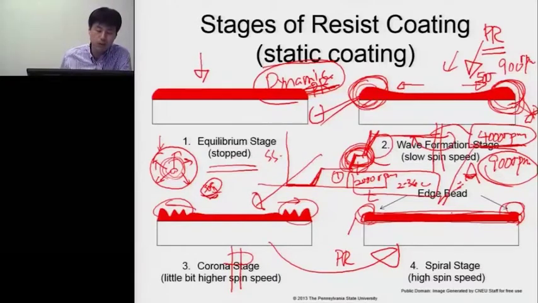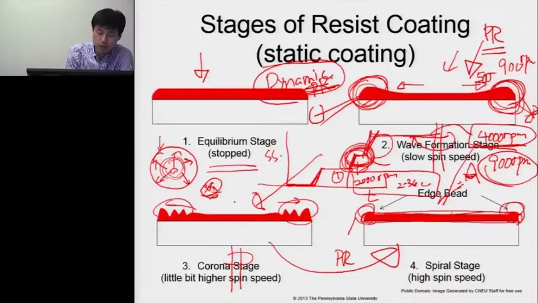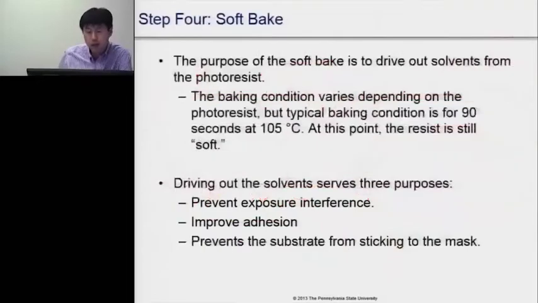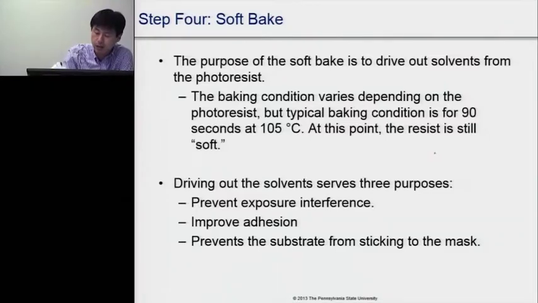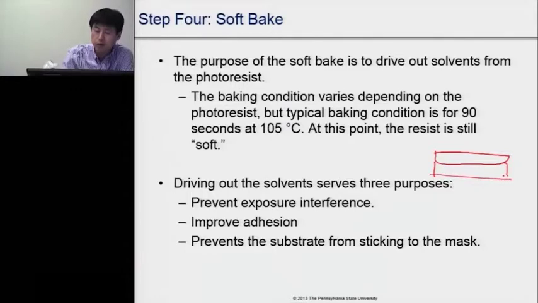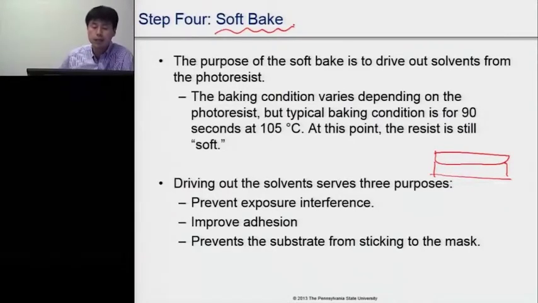At some point, you will not be able to see any color changes, because the solvent has evaporated and the film reaches a stabilized state. But still, after this spin coating, the photoresist has quite an amount of solvent inside the film. That is why we need the following soft bake.